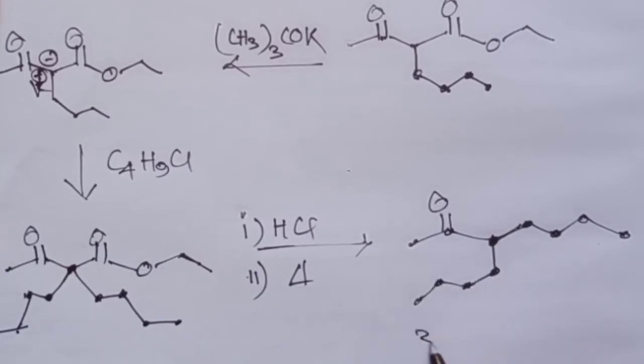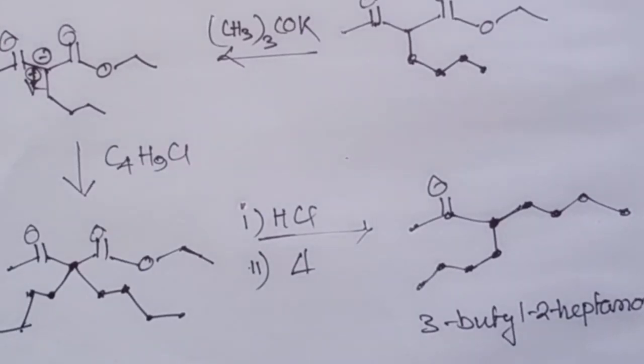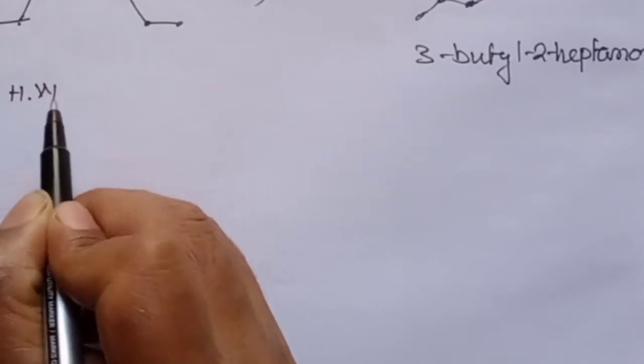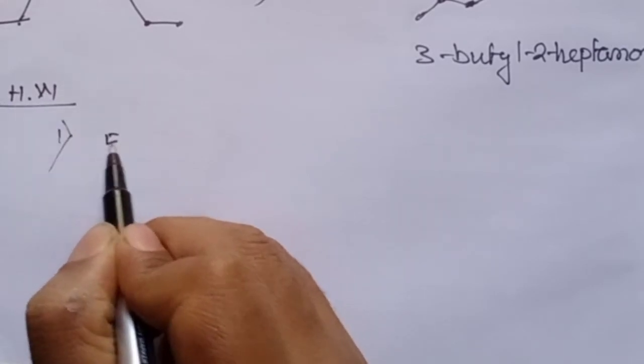This is the 3-butyl-2-heptanone. It's a simple way to prepare 3-butyl-2-heptanone. Now it's time for you to try. Now I just asked to prepare.